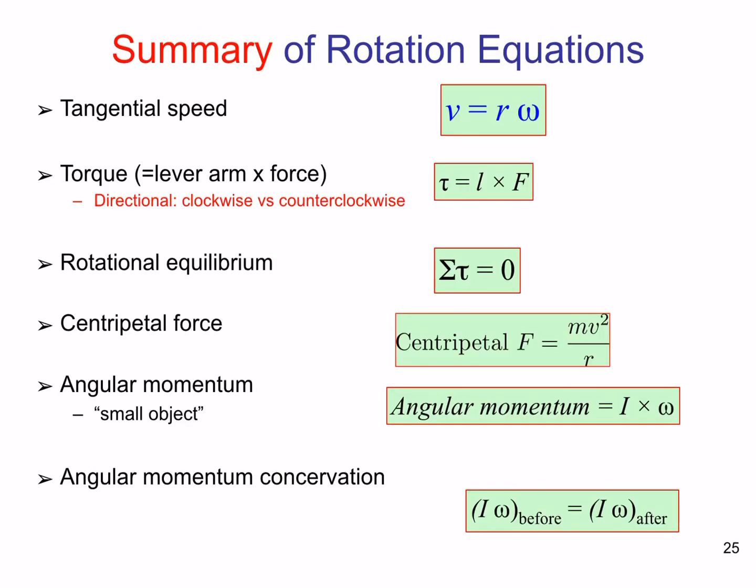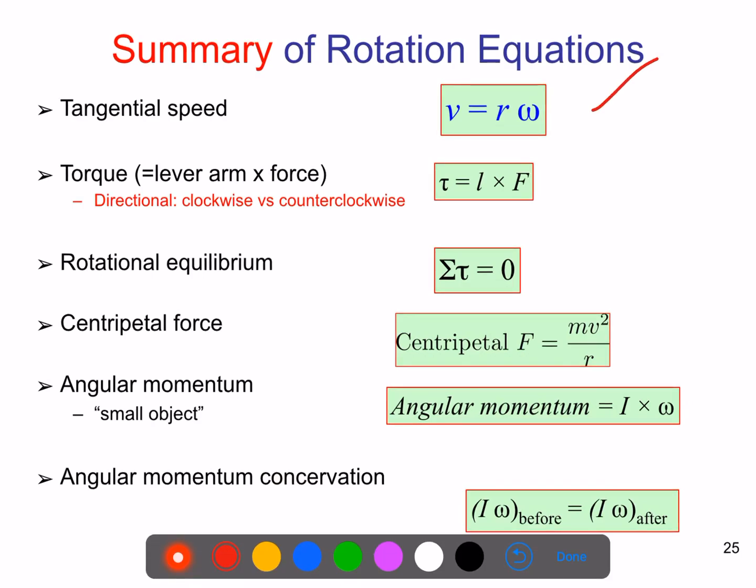Okay, so that about wraps up Chapter 8. The summary of all the things we discussed can be seen right here. We've got the tangential speed being related to the angular speed by this equation here. We talked about torque as being force times the lever arm. We said that if the net torque on an object adds up to 0, then it's in rotational equilibrium.